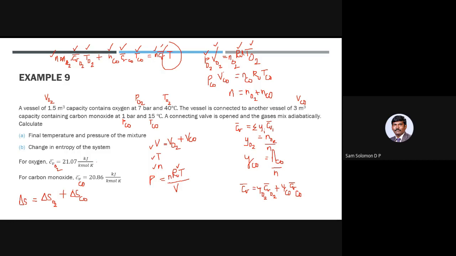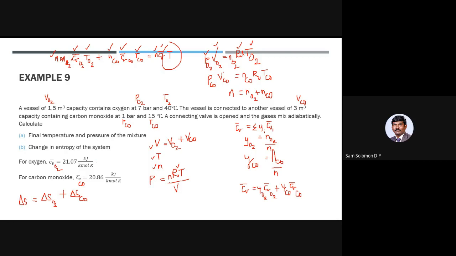So in this case, because we are using CV bar, you can write it as N of oxygen multiplied by CV bar of oxygen into ln of T2 by T1. In this case, T2 is the final temperature, T1 is the temperature of oxygen. And if you take R, it is going to be R of oxygen ln of V2 by V1. V2 is the final volume, the total volume, 1.5 plus 3, 4.5 divided by the initial volume, which is 1.5.